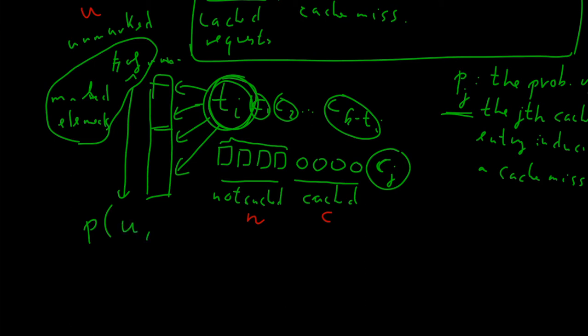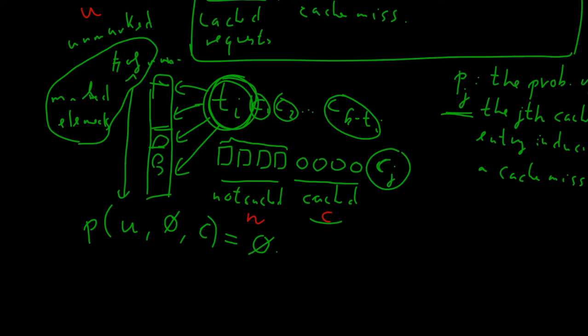U, okay, if there are absolutely no new elements, then of course all the cached elements will just get their slot and they won't discard me, so I will still be there if I was a cached element. So it doesn't matter how many cached elements there are, the probability of me inducing a cache miss is precisely 0.